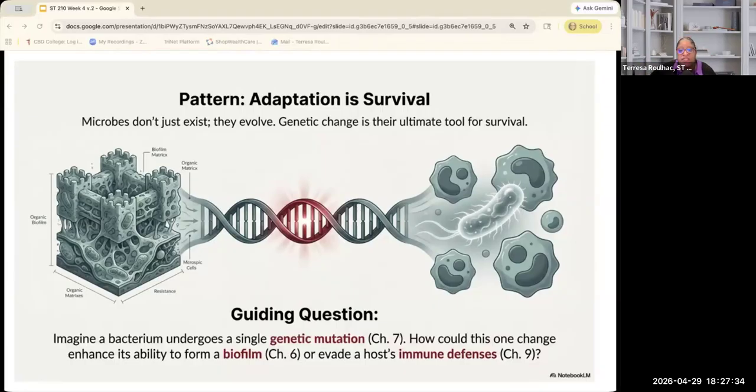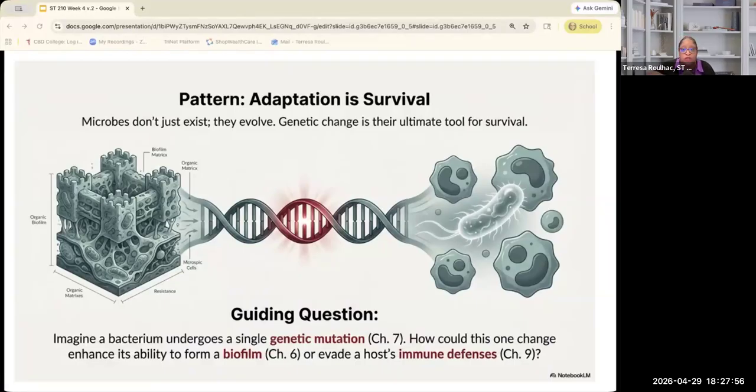Now, take that same mutation and think about our immune system. If a bacterium is harder to recognize or reach, how effective is the host's defense? Biofilm and immune evasion often work together.